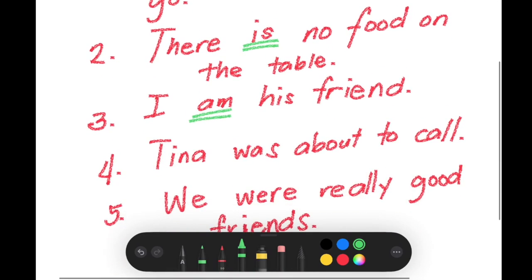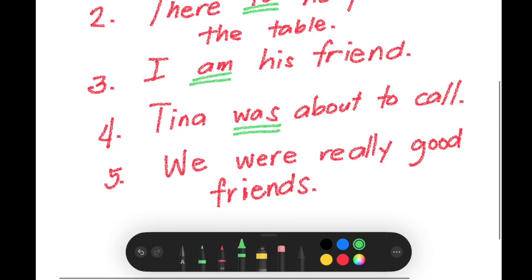And how about number four? Tina was about to call. So our linking verb is was. This is in the past tense. We use was and were if we're talking about something that had already happened. So it's in the past tense.